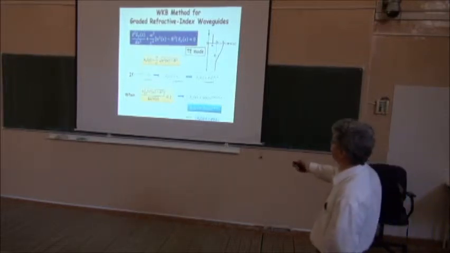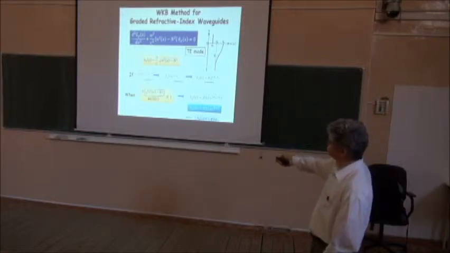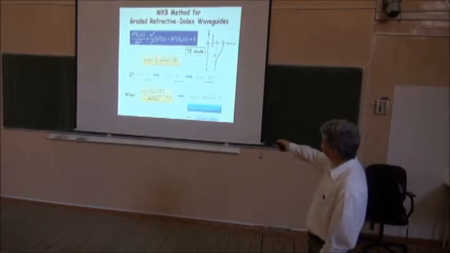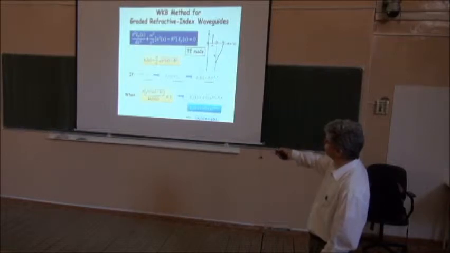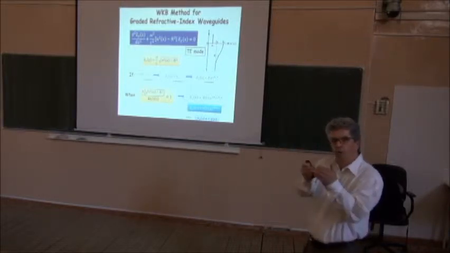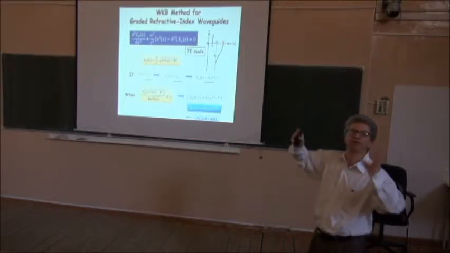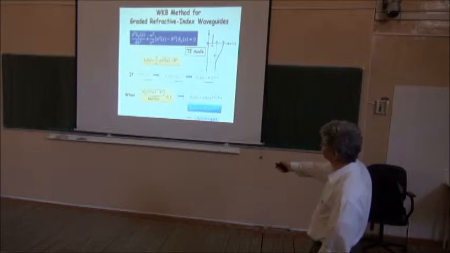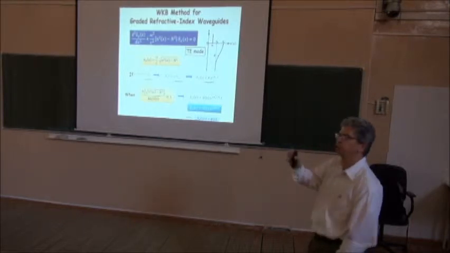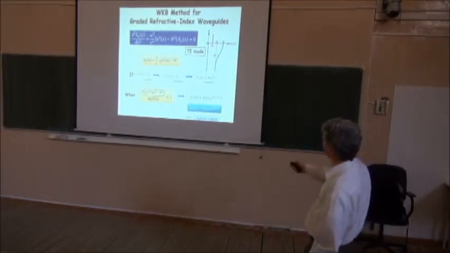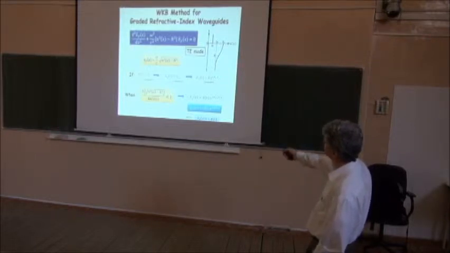What are we going to do now? We're going to consider a case that our variation here is very small, and we're going to assume that when I go through a distance here that is about one wavelength in physical distance, the refractive index changes very little, and we're going to extend this idea by allowing now the amplitude to be varying, and that component of the K vector also to vary.